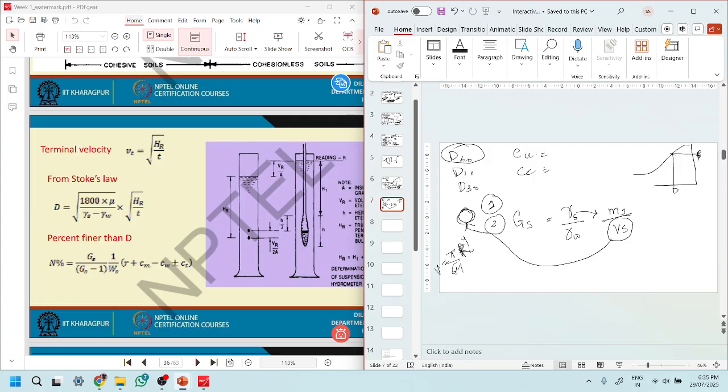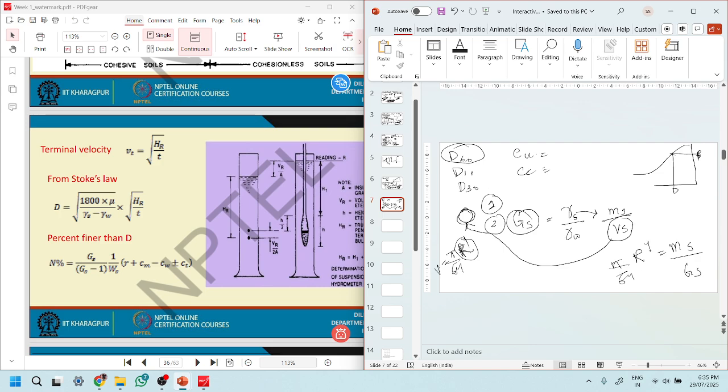This is the thing that we want to calculate. So if this is constant, then we can say pi by 6 d cubed equals mass of solids over Gs.